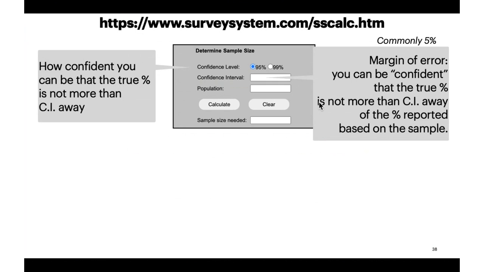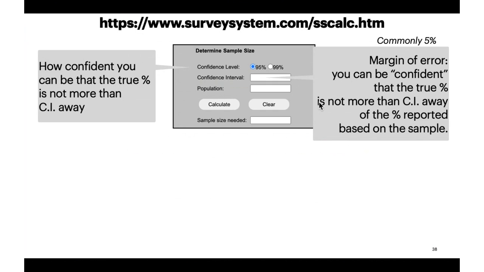So if your study shows that 25% of the respondents say yes, and your confidence interval is 5%, which is very common, then you can be sure that it's 25% minus 5 plus 5, so it's between 20 and 30%.